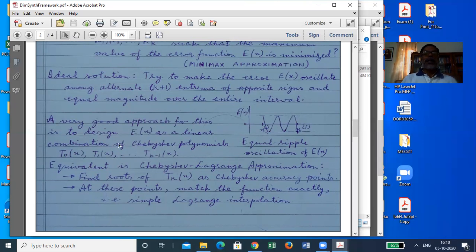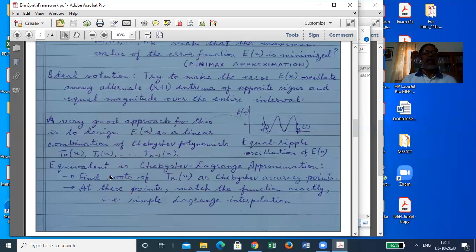Now, if you try to do it exactly as it has been said here, then it will be a little longer route. A shorter route to do the same thing has been found as Chebyshev-Lagrange approximation. What you do for that is take the kth Chebyshev polynomial, Tk, which is of degree k and therefore has k roots.